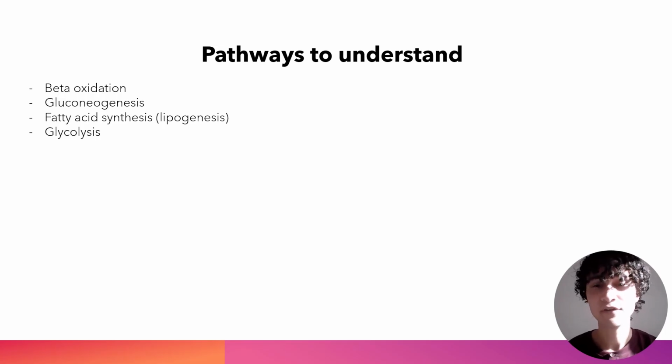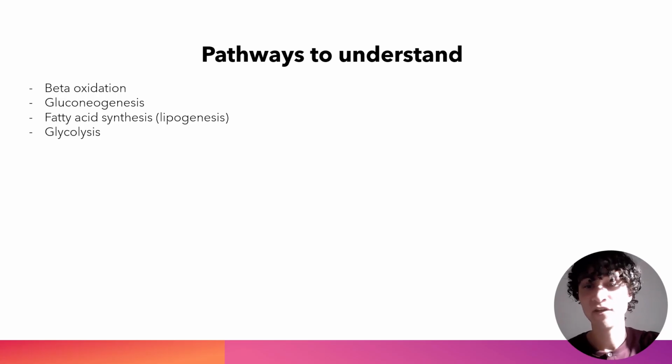So the first one you'll hear a lot is gluconeogenesis, a process in which cells use the carbon skeleton of certain glucogenic amino acids to generate or build glucose. They convert glucogenic amino acids like alanine into Krebs cycle intermediates like oxaloacetate.